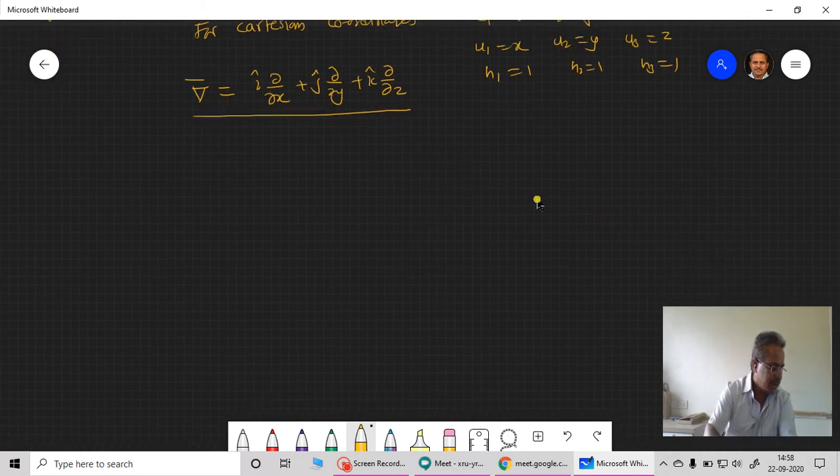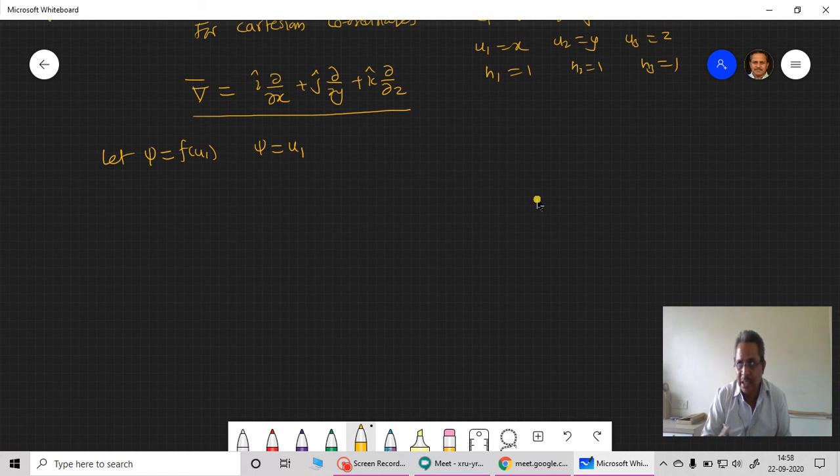In this, we have to do one small derivation. Now let us take this direction. So let psi be only a function of u1. Psi is a scalar point function, it has only one component.